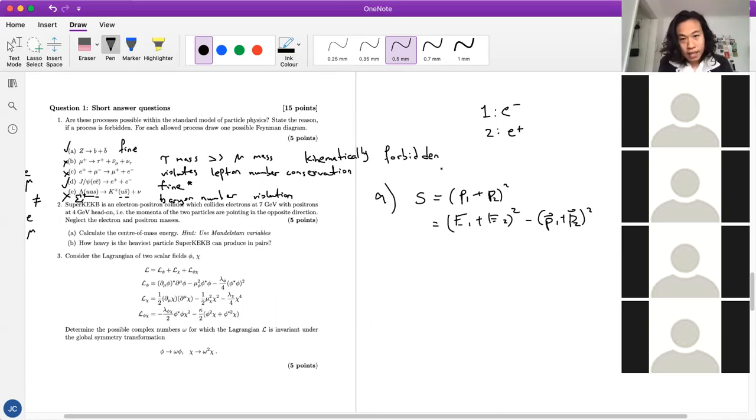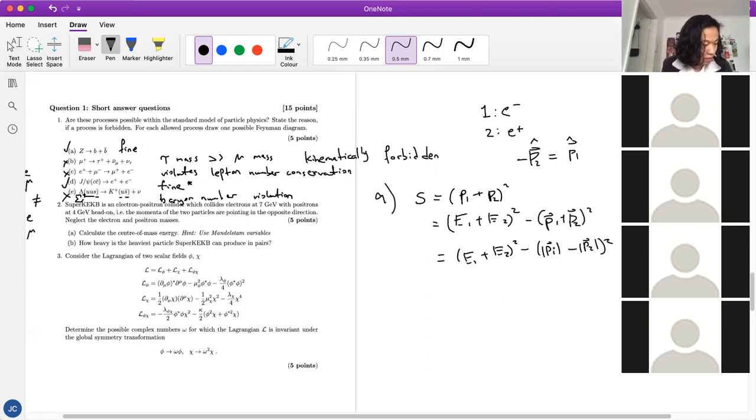Since they're coming head on, P2's direction is opposite to P1's direction, so I can replace this with a minus sign. So (E1 plus E2) squared minus (P1 magnitude minus P2 magnitude) squared. So that's just telling you that they're facing in opposite directions.